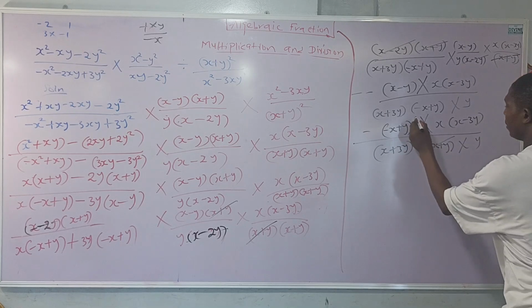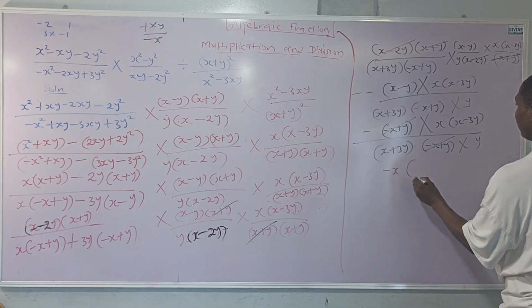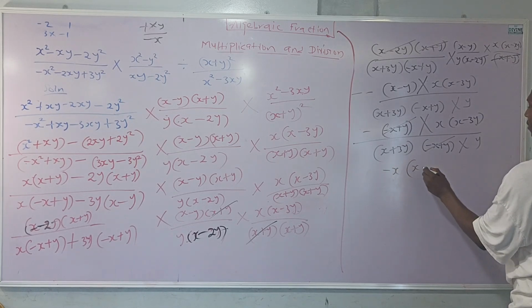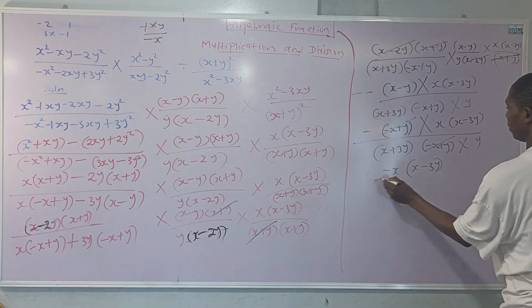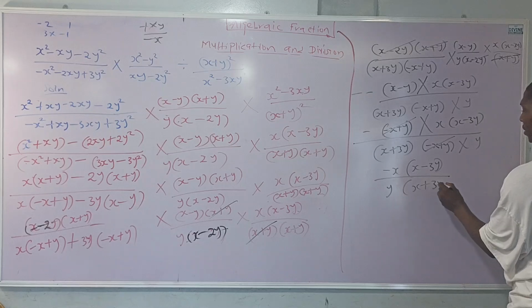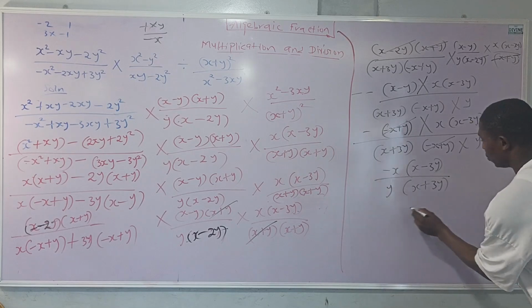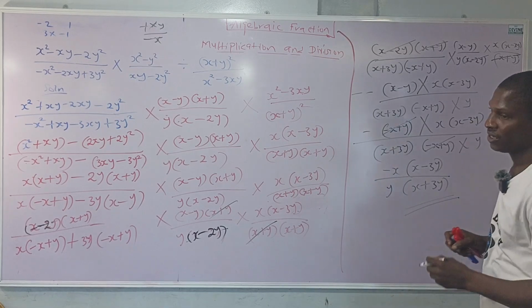And this equally can cancel this. And I'll have negative x bracket x minus 3y all over y bracket x plus 3y. And this gives us our final answer.